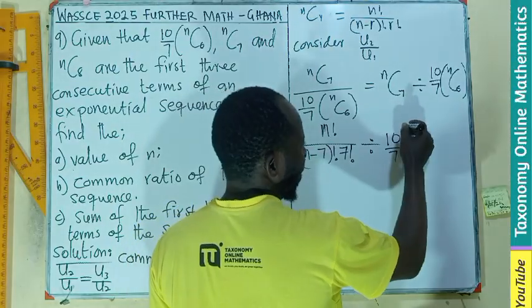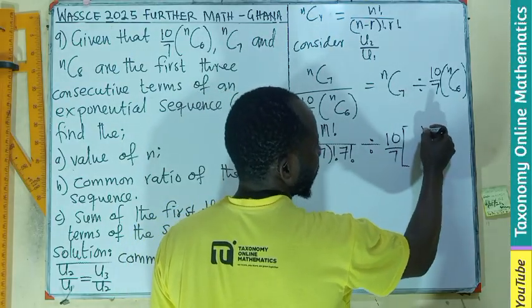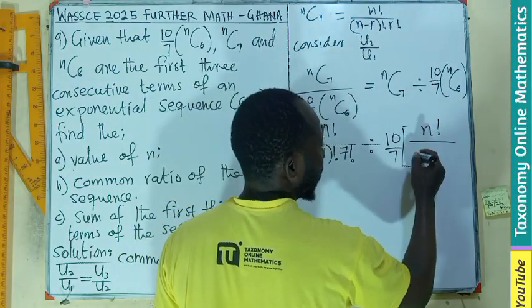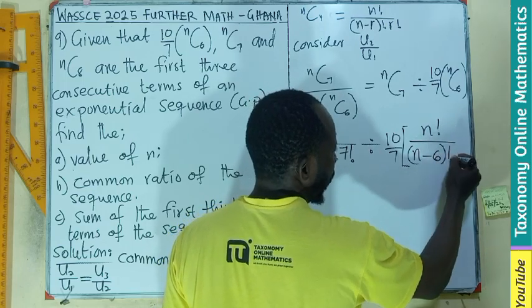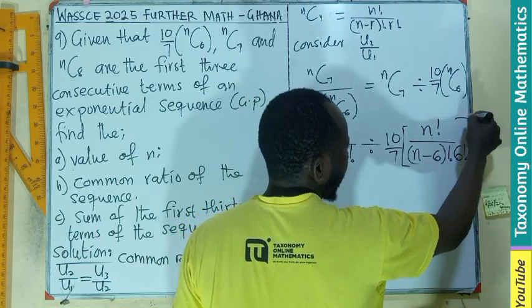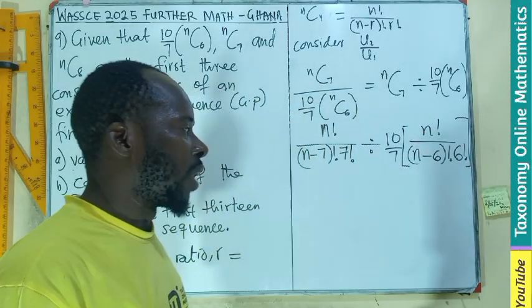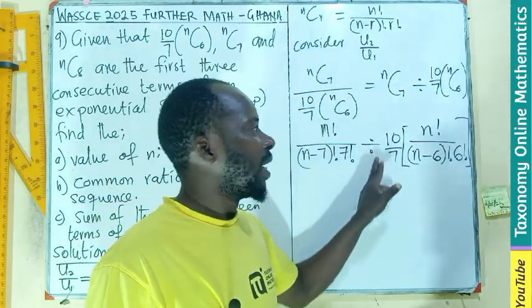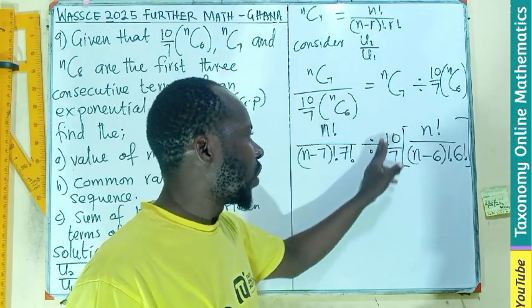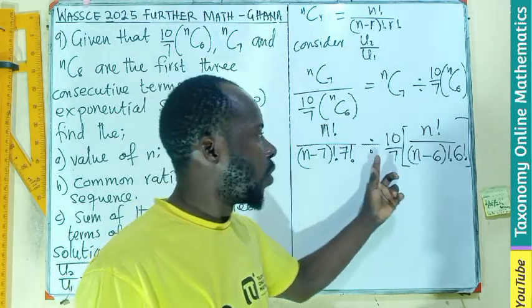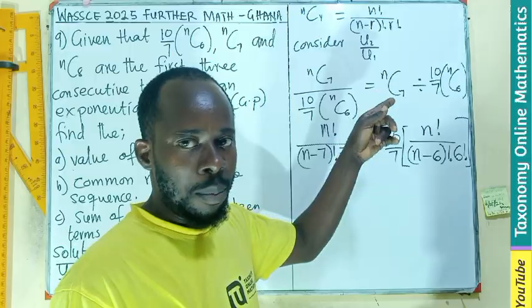So the top will multiply this, the down will multiply this. When I change this into multiplication, all the downs go to the top.